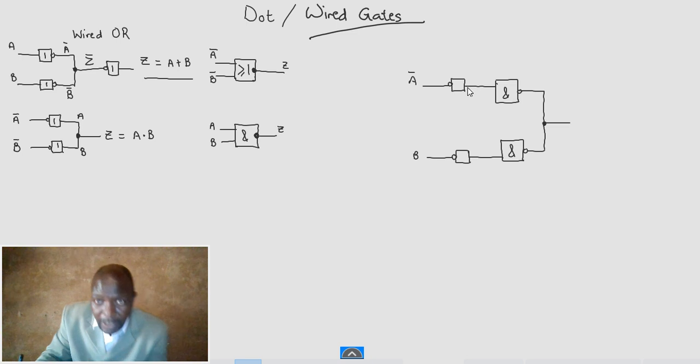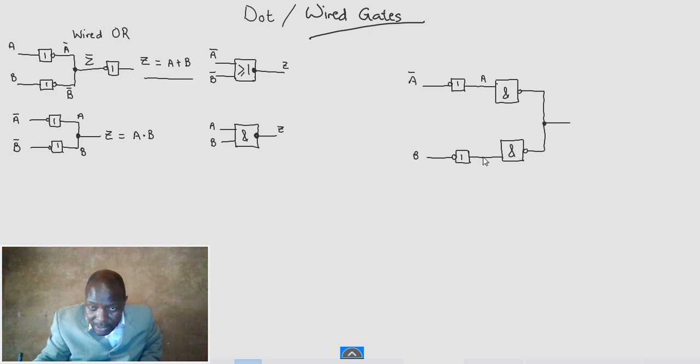Okay, from them I want, if this is a NOT A, that is going to be an A, because remember I want an A there and I want a NOT B here. It's going to be a B here. Now I want NOT A to come down here.